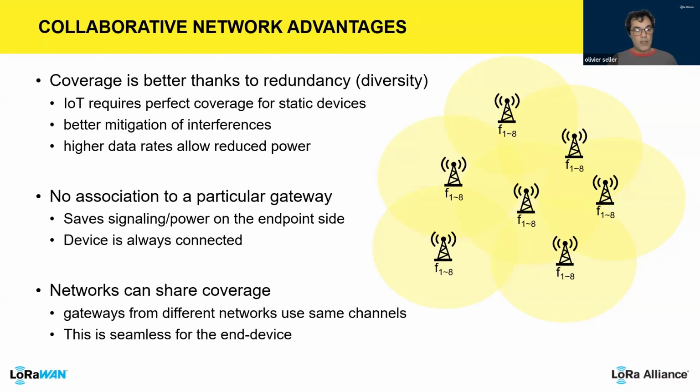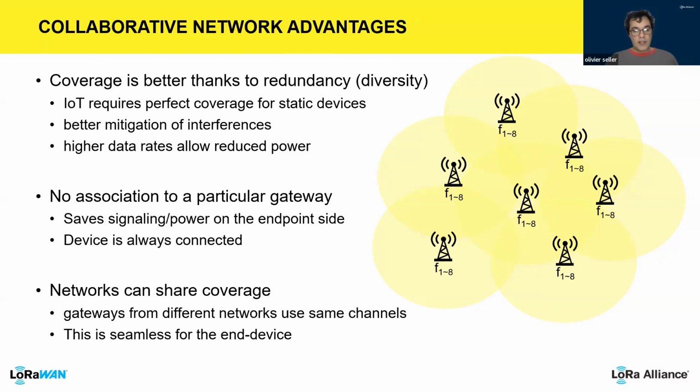The device is always connected, and that saves a lot of power because there's no signaling associated with keeping up to date with a particular gateway, negotiating a change of cell. So this does not happen because a device is not connected to a particular gateway.